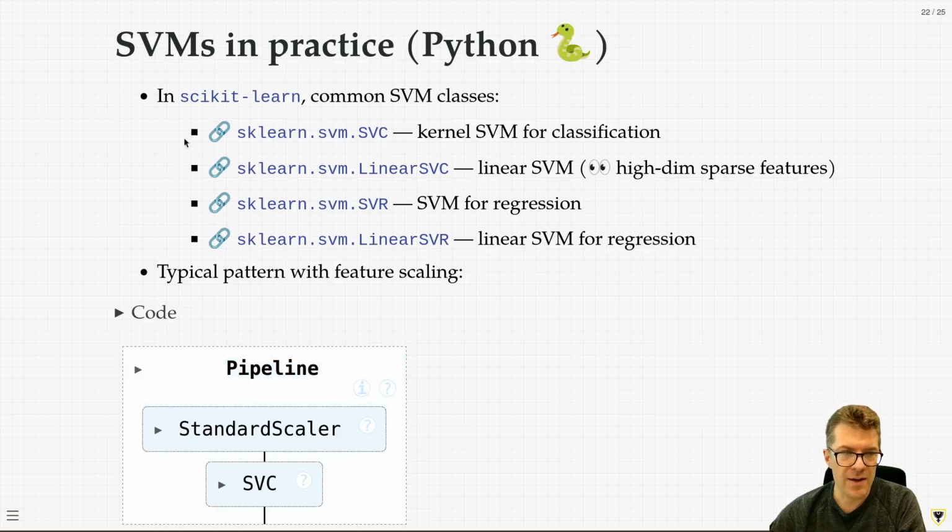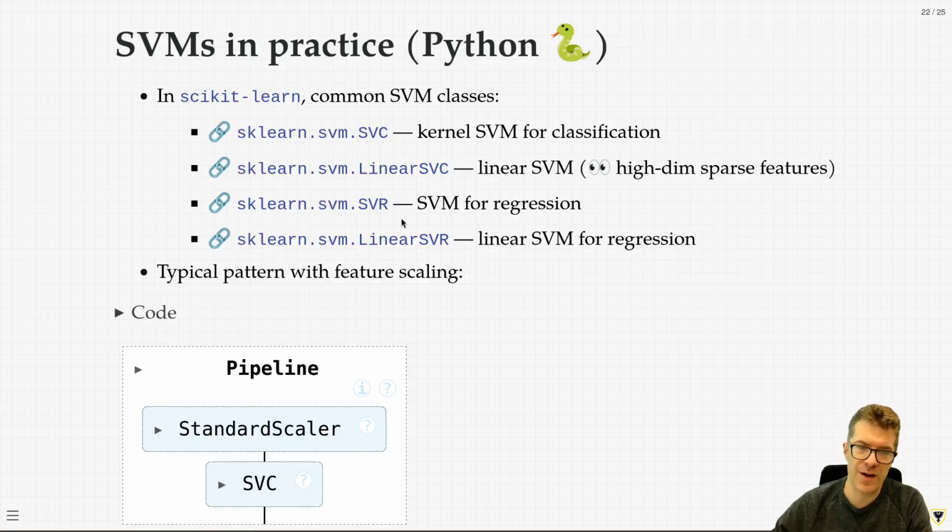I wanted to highlight here, in practice, you're going to get all these notebooks anyway, so I don't need to go too much into the practical aspects of Python in the theory modules, but scikit-learn has a pretty robust implementation of SVM classes. There's SVC and linear SVC, which is useful for high-dimensional sparse features.